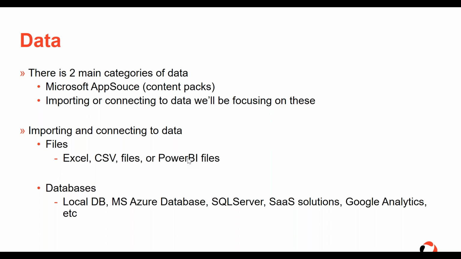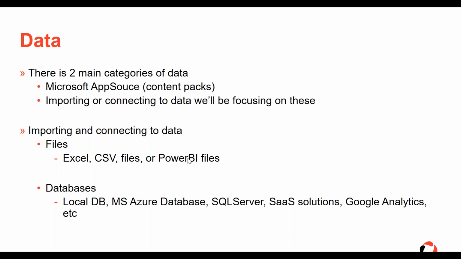The other source of data is importing and connecting. So if you've got an Excel file or a local database, a SQL database or something like that, you can connect into that data which is stored locally. So obviously the Excel file you can have stored there, and just as you update the Excel, then it updates Power BI.